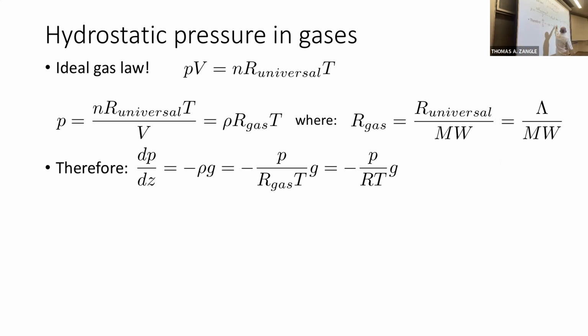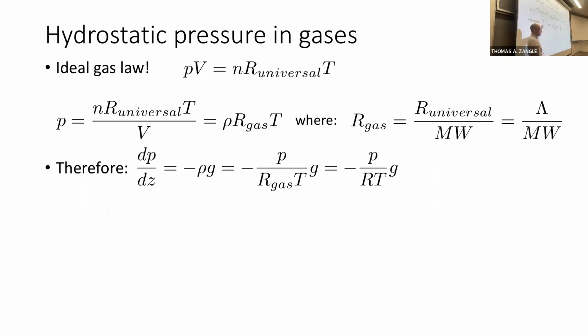So we can put this into our expression, and we end up with dP/dz equal to minus P over RT times g. So it's another differential equation that we can solve, moderately more complicated since we have a pressure on both sides.